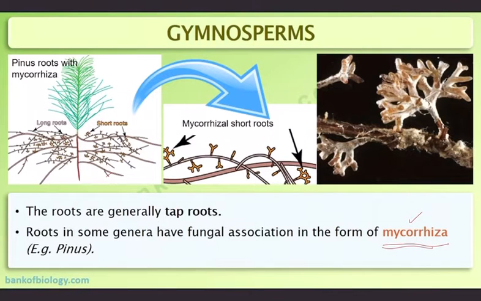Roots in some genera have a fungal association in the form of mycorrhiza. Again, this is an important concept. What is mycorrhiza? It is a symbiotic relationship between the roots of higher plants and fungus. Why do we call it a symbiotic relationship? Symbiosis means mutual help, as all of us know.